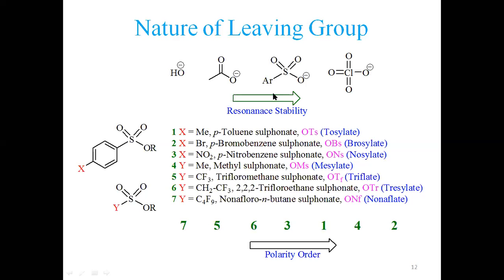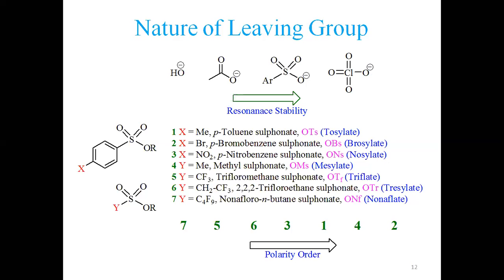If a sulfonic acid type moiety is attached, it shall result in O negative likewise. If this is perchlorate, ClO4, attached with the same entity, it is generating this. Now in all cases, if you notice, there is a negative charge on oxygen, meaning oxygen is a leaving group carrying a negative charge, no doubt. This is nothing surprising, but all of them do not have equal reaction rates.